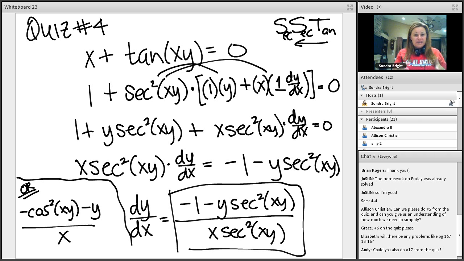That is totally equivalent. Oh, yeah, if you separate the fractions and then 1 over secant squared would be cosine squared, so maybe that's what they did, but either one of those answers is totally fine. I give the one on the right, the original one, but either one is fine. Okay, so that was 4 from the quiz.